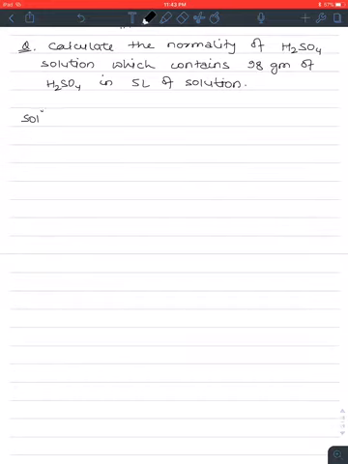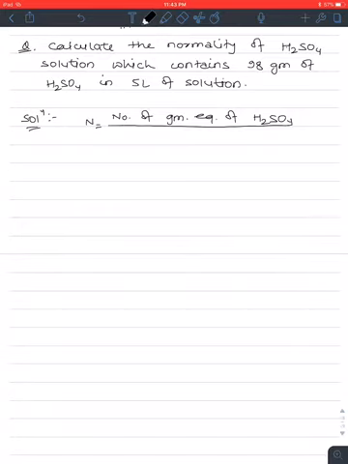So what's the formula? Again, these are directly formula based questions, that normality is the number of gram equivalents of H2SO4 divided by volume of solution in liters. Now how will you find the gram equivalents?